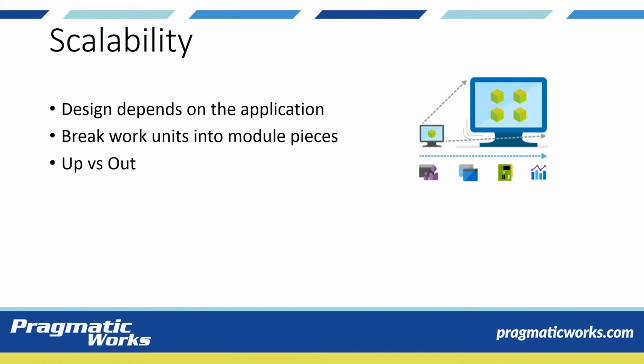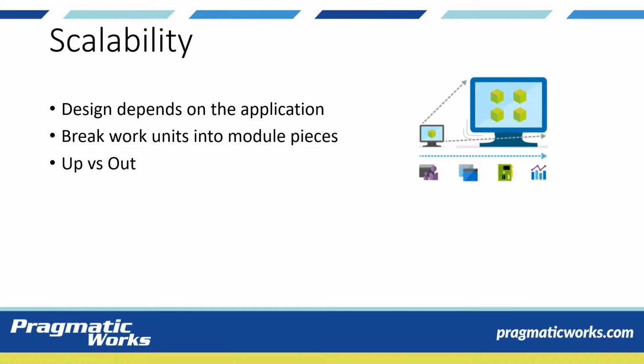One of the things when we talk about scalability that helps us scale an application, though, is breaking our work units into individual pieces. This is so that the scaling functions that we do, in this case Azure Functions or other Azure services, can utilize individual pieces of work, and you can scale different parts of your application. And then when people talk about scalability, there's usually a scale up versus scale out.